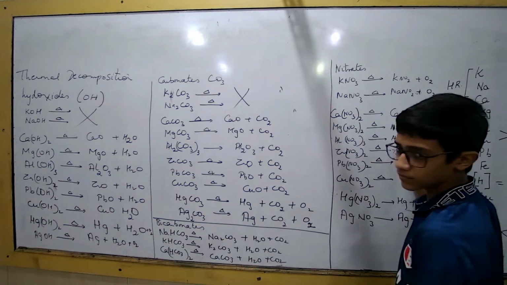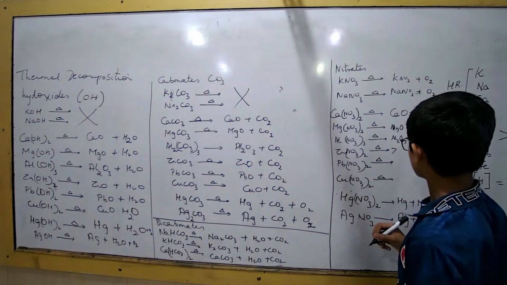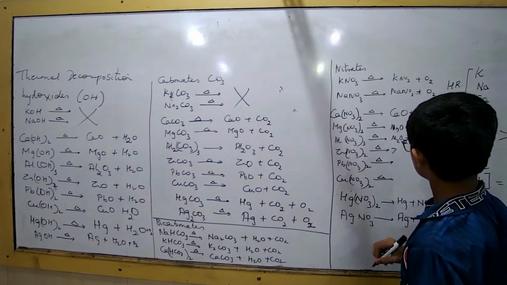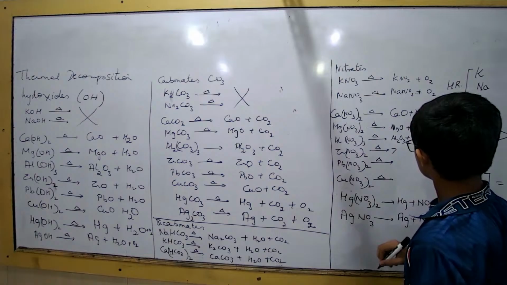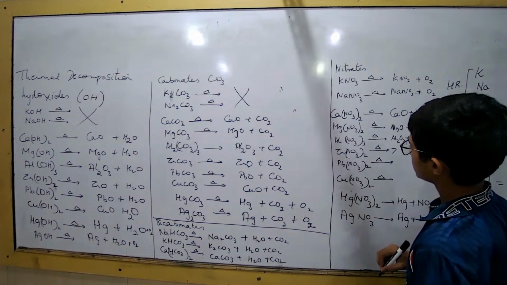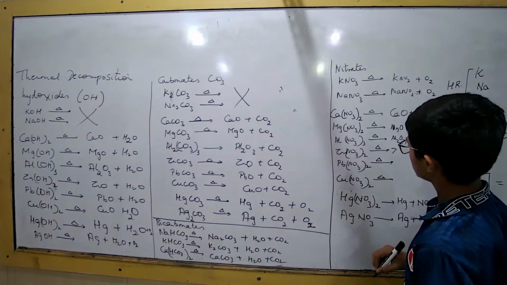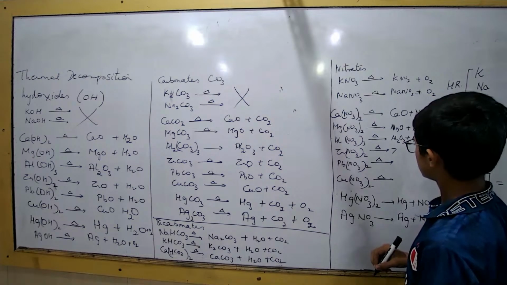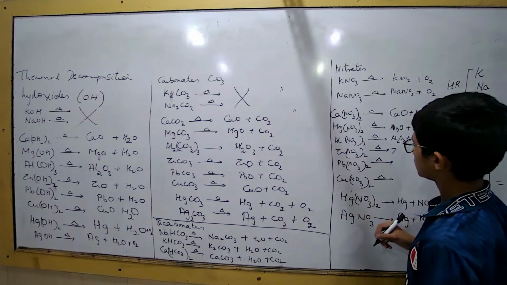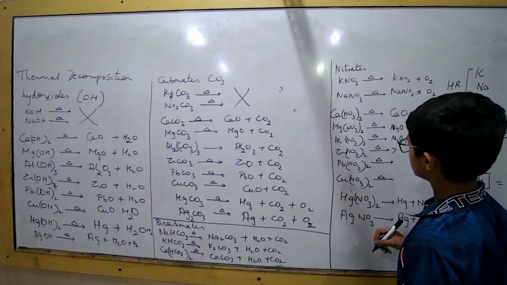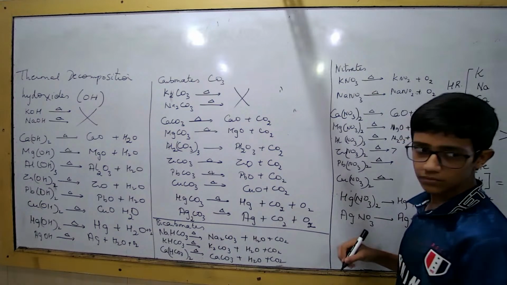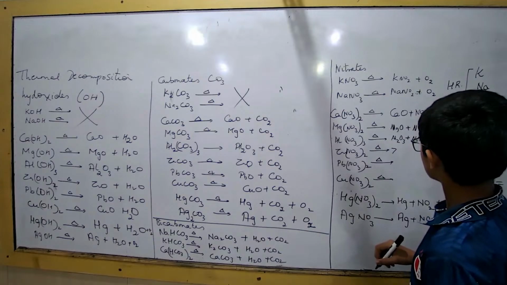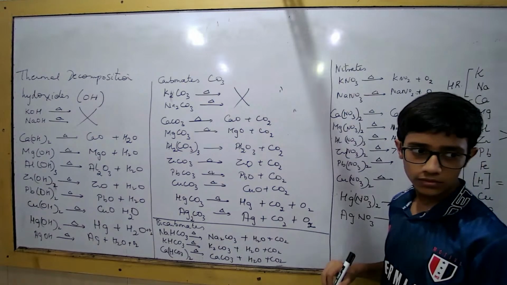Look at the equation, aluminium nitrate on heating, what will you get? What did you get in the above equation? MgO plus NO2 plus O2. So then the second equation, what will you get?